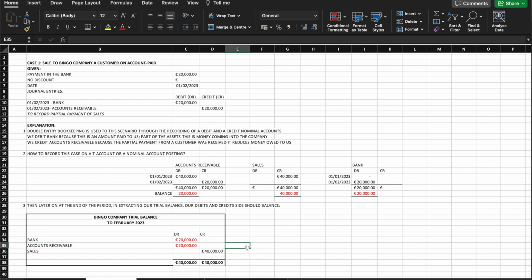So that is, guys, I'm showing you just a very simple transaction relating to sales, and in our next video I will be adding more sales transactions with a discount or a return, just to show you more information affecting sales transactions and how it must be posted in our system, or if you're using manual bookkeeping, just to understand better the concept of double entry bookkeeping, this video will be very helpful for you.